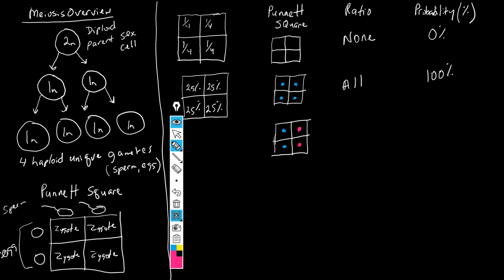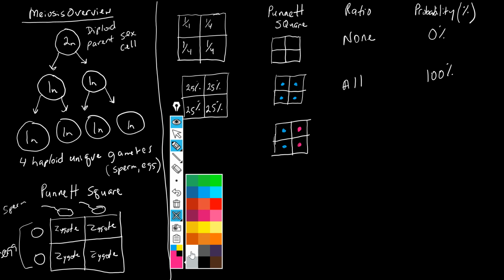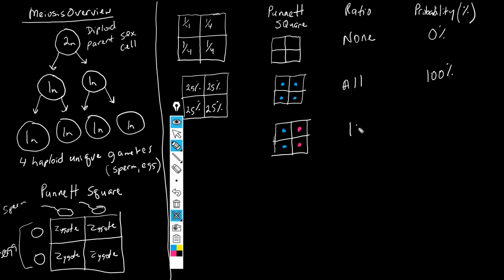We reduce it to a 1-to-1. And so this would be a 1-to-1 ratio. And the probability of that would be 50% to 50%.